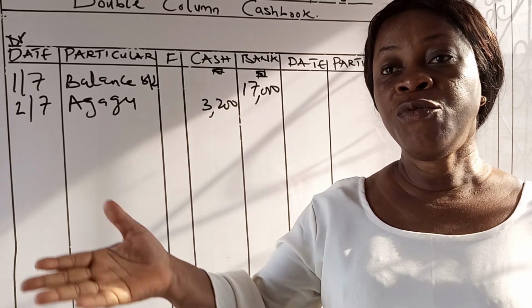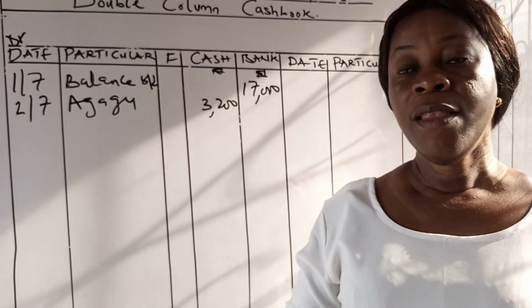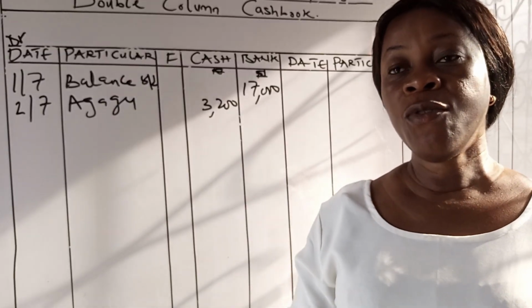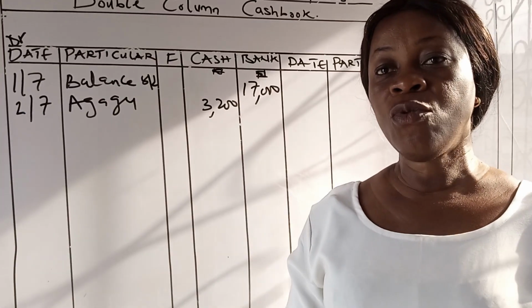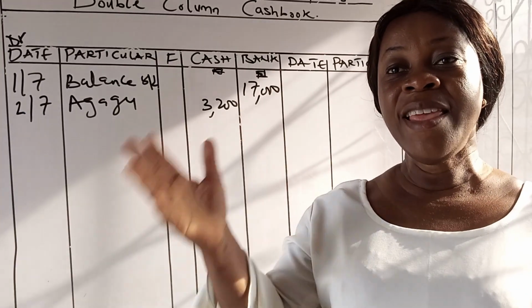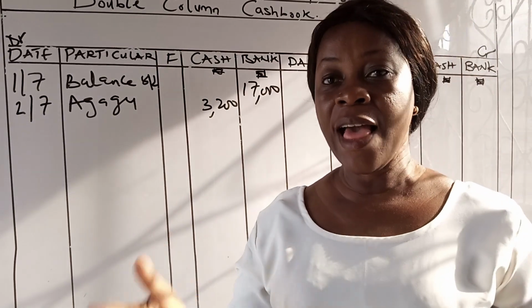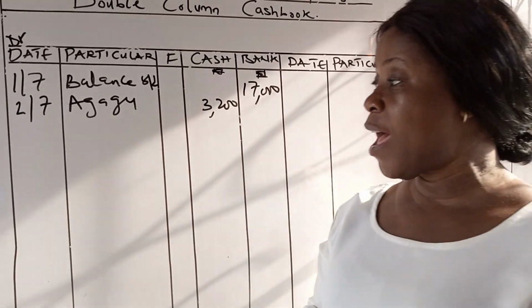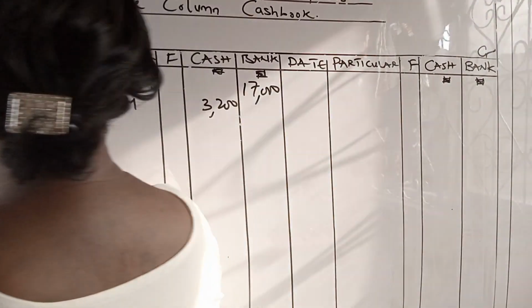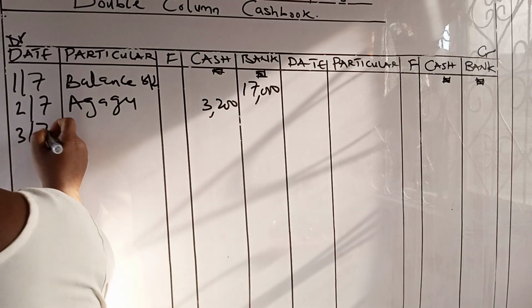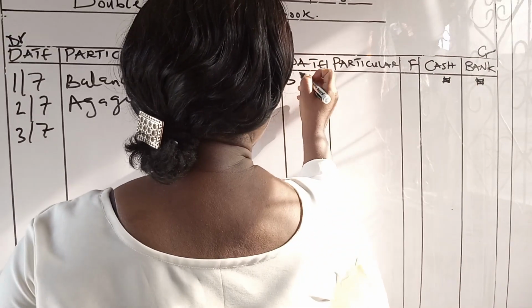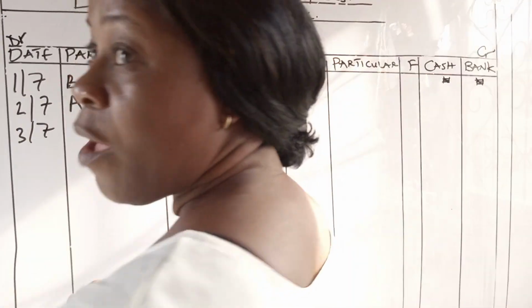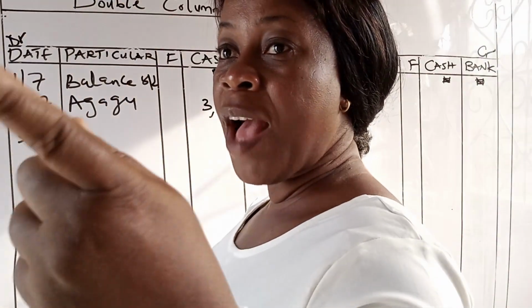Money is being reduced from the bank account, whereas there is an increase in the cash account. So as a result of that, we write 3/7. Now there is more cash.